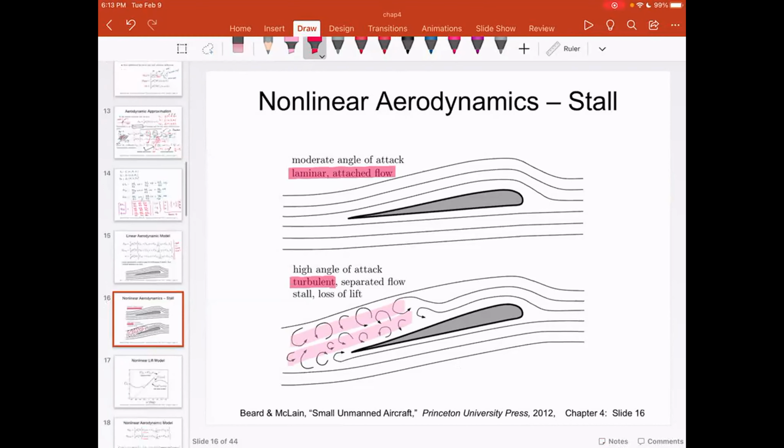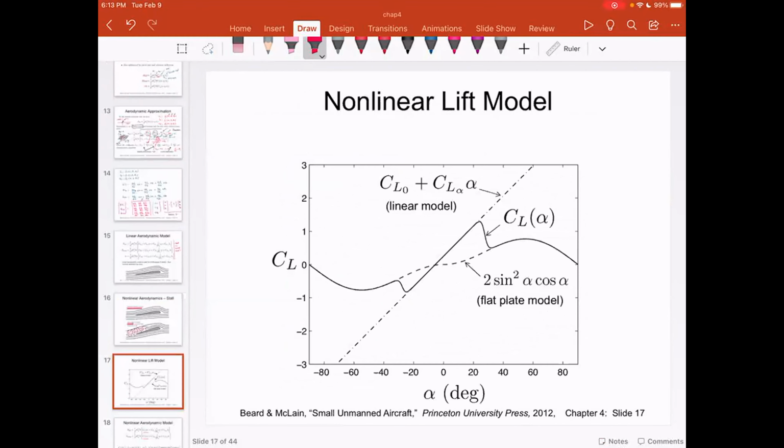So for the slightly larger angle of attack, we look at something called the nonlinear model. Now, I want to tell you that nonlinear model is valid in certain regions. Linear model is valid in certain regions.